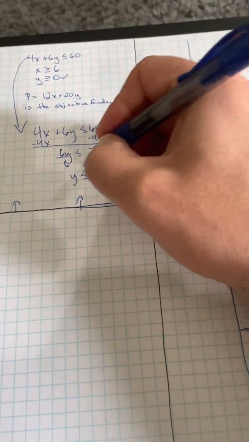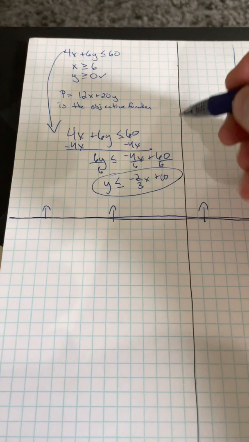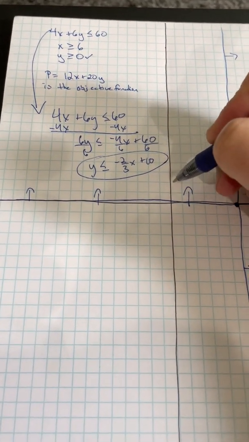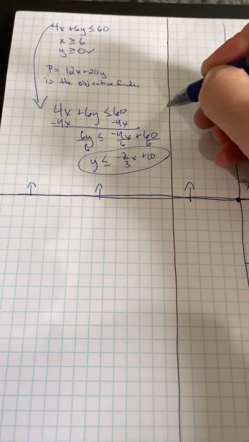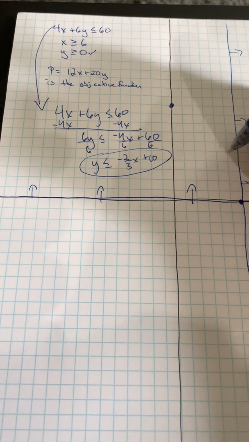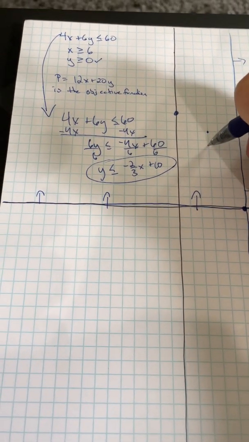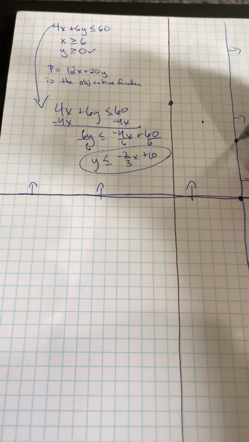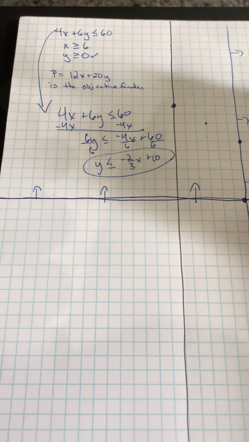Now I'm going to graph this third inequality. Plus 10 is the y-intercept, so 1, 2, 3, 4, 5, 6, 7, 8, 9, 10. And from that point, I'm going to use the slope to make my next point. So down 2, right 3, down 2, right 3, down 2, right 3, down 2, right 3.